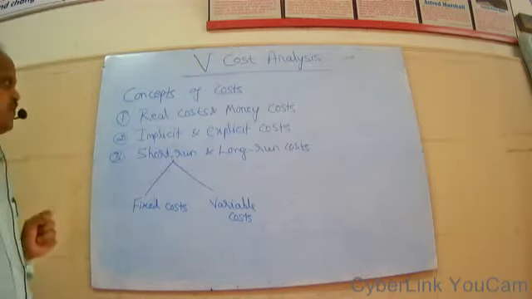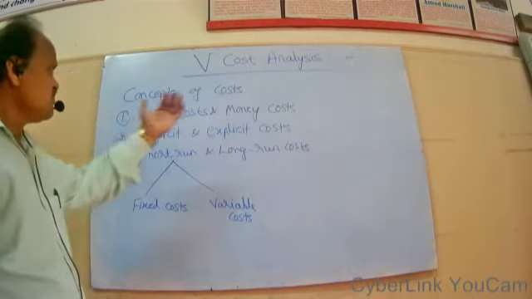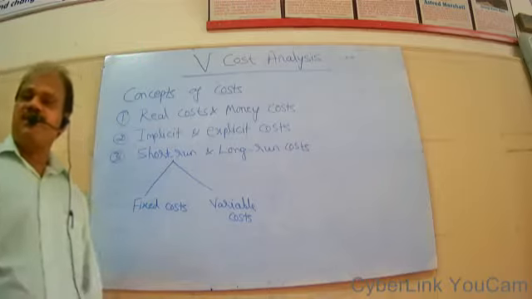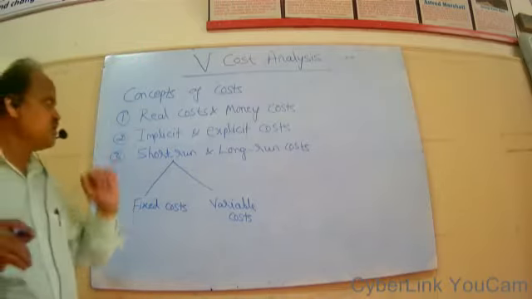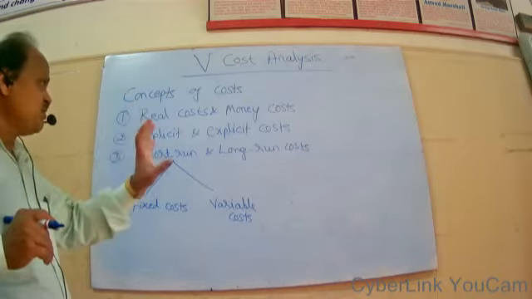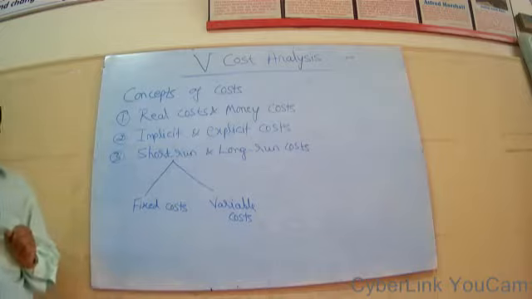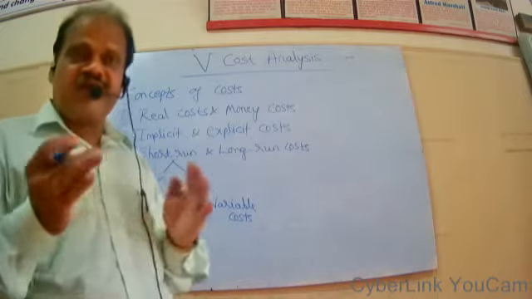In this unit, broadly, we will discuss different concepts of costs, meaning of costs and different concepts of costs like real costs and money costs, implicit and explicit costs, short-run and long-run costs. Let us draw cost curves and their relations.